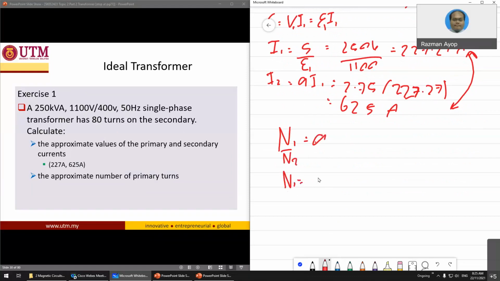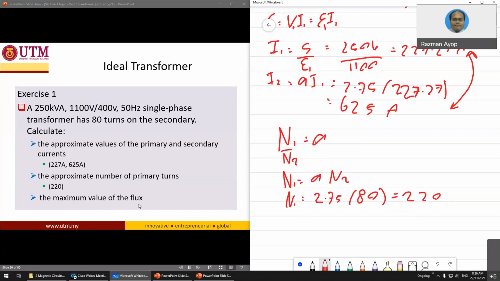So N1 is a times N2, which is 2.75 multiplied by N2. What is N2? 80. Correct, the secondary. So the primary is 220 turns. So this is how you calculate it.